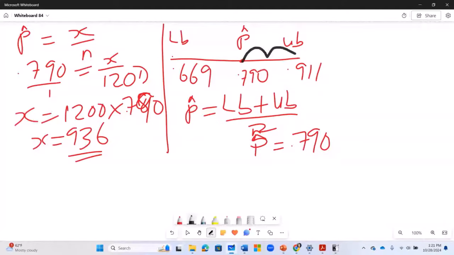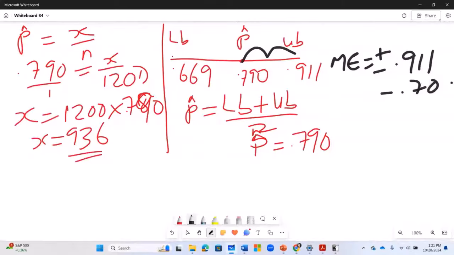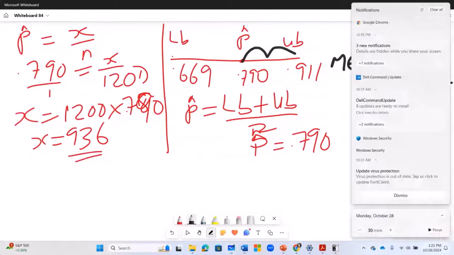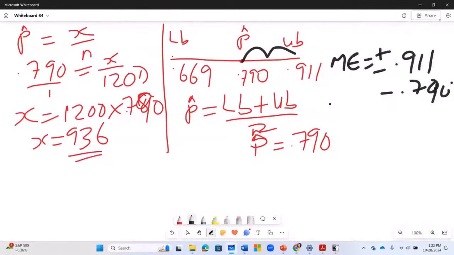I can put plus or minus because p hat is the midpoint of the line. So it is 0.911 minus 0.790, and 0.790 is the point estimate. So I'm looking for this distance: 0.911 minus 0.790 is the margin of error.